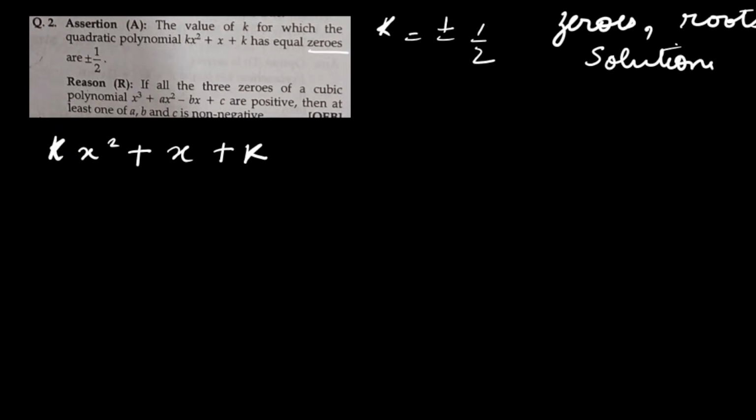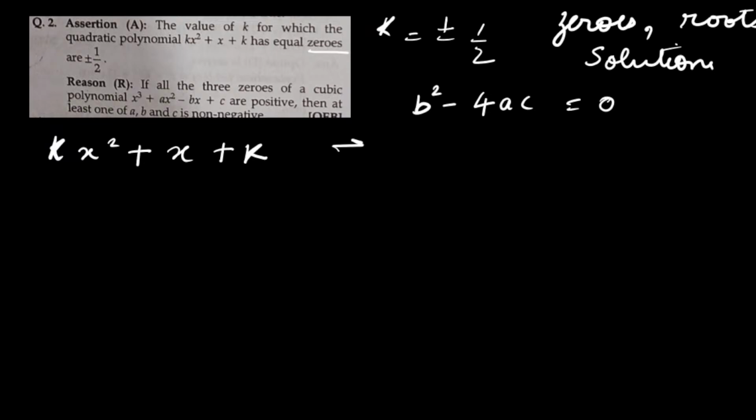So in quadratic equations, we have learnt one formula: when roots of the equation are equal, then b square minus 4ac is equal to 0. Here a, b, c are the constants present here.